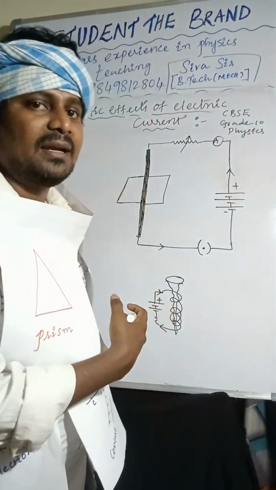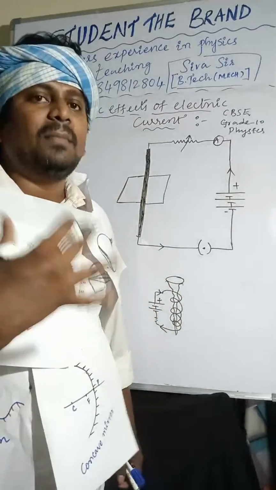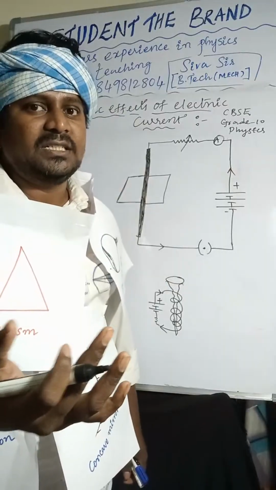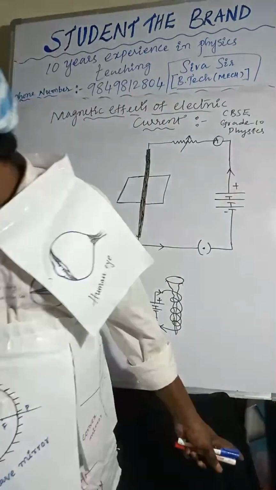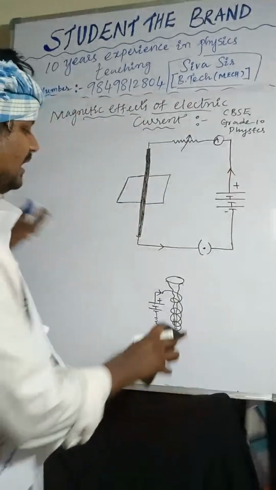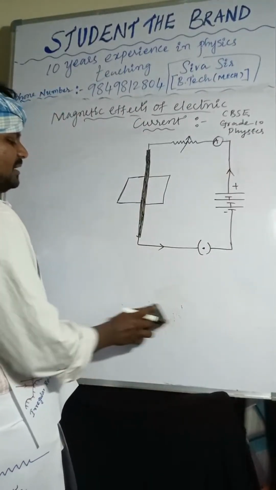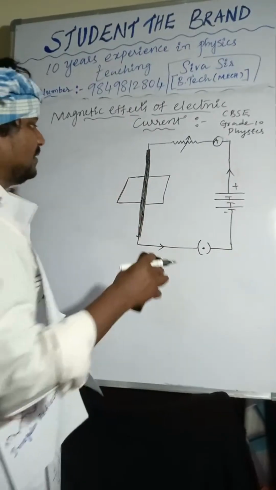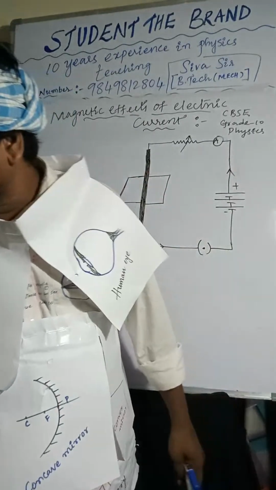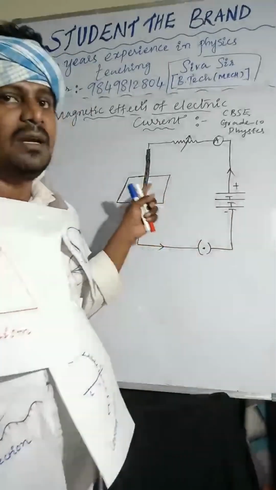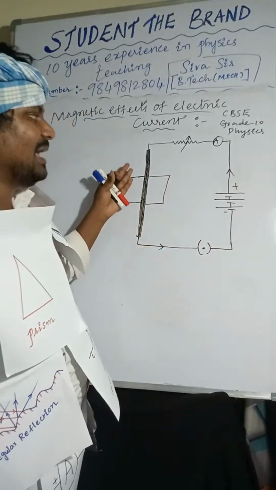Here it is called an electromagnet. Here also, if the current is passing through the conductor, it acts as a magnet.